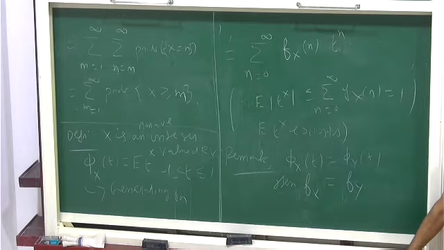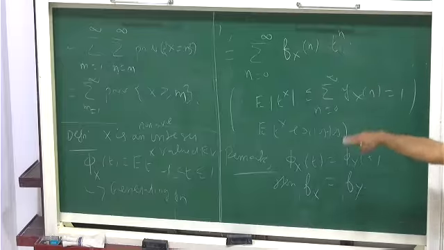If two random variables have the same generating function, then they have the same distribution or same density function. That is just by equating the coefficients, which you can do in a power series. If two polynomials are equal at all points, they are the same.